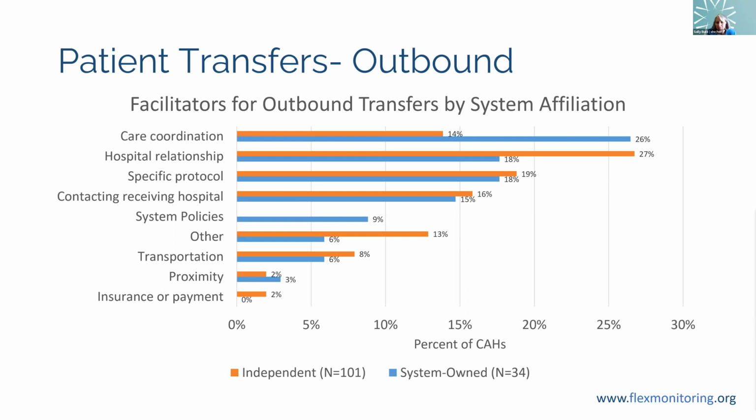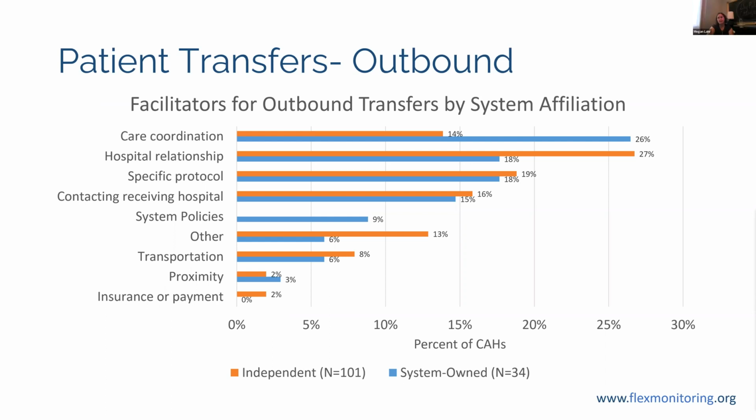Oh, go ahead, Kyle. Well, I just wanted to add too, and this is just a thought, that some of our smaller independent hospitals don't have a dedicated person for care coordination, where some of the system owned are better able to have a person just dedicated to care coordination. Yeah, and I think some of that comes back to the financing, right?